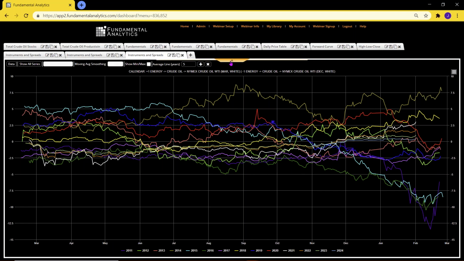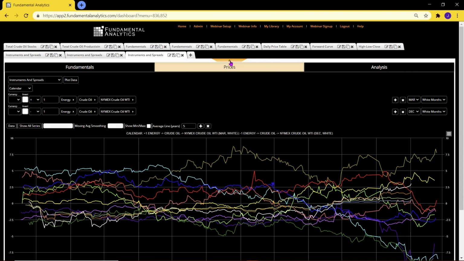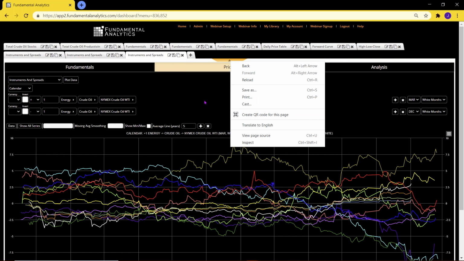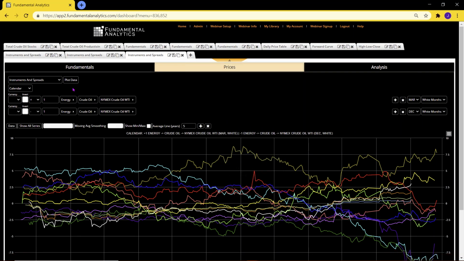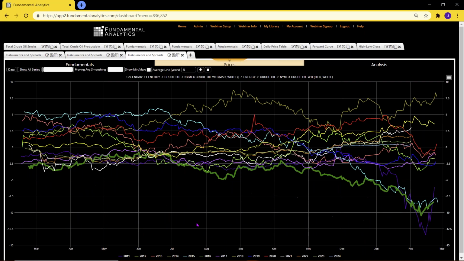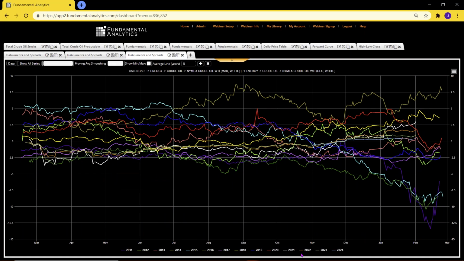Let me check here: March, December, subtraction. Right, okay, we're good. So we see the March contract is now trading, basically looking at the slope of that curve, $2.50 above the December contract. Relative to others, it's on the high side.